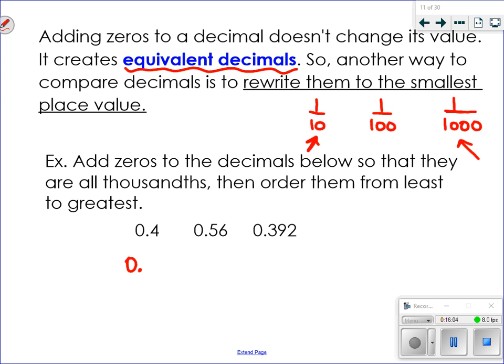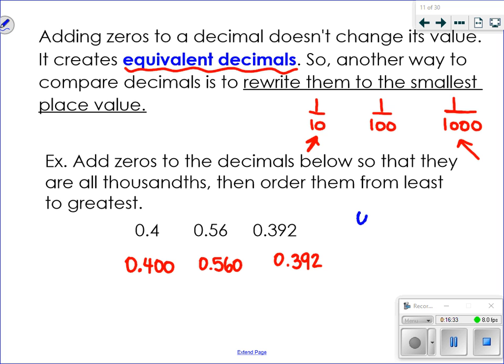So if I want to rewrite 4 tenths as thousandths, I just add 2 zeros, 400 thousandths. 56 hundredths, I would rewrite that as 560 thousandths. 392 thousandths is already thousandths, so I'm just going to leave it as it is. Now that I have it like that, it's a little easier to see which one is the smallest. I have 400 thousandths, 560 thousandths, 392 thousandths.